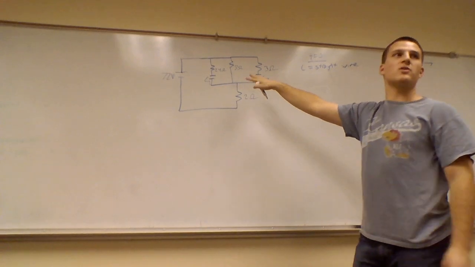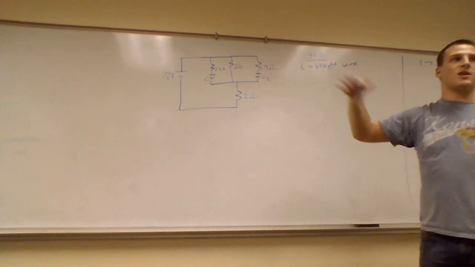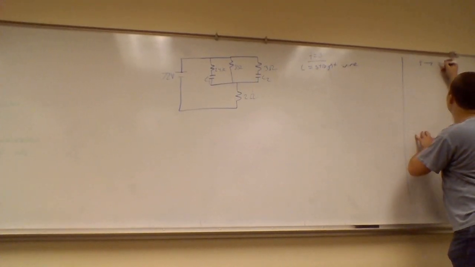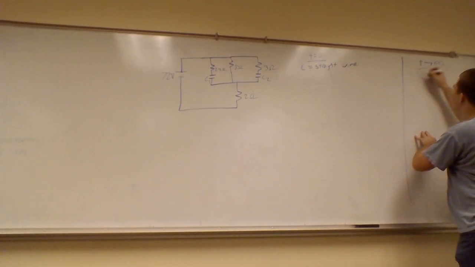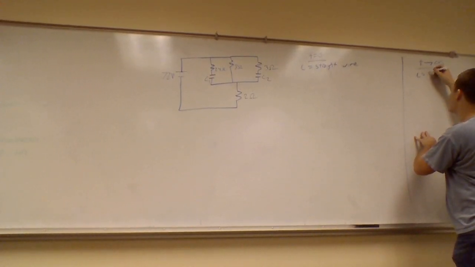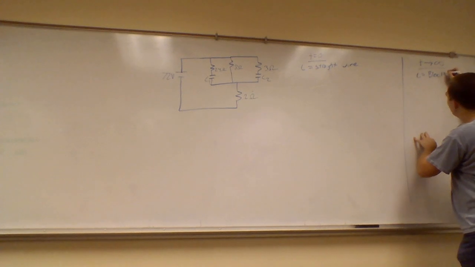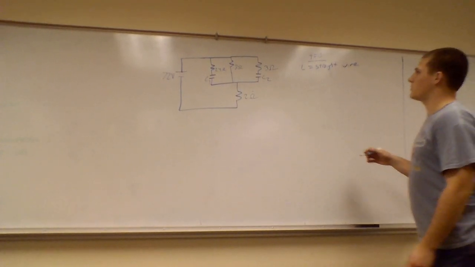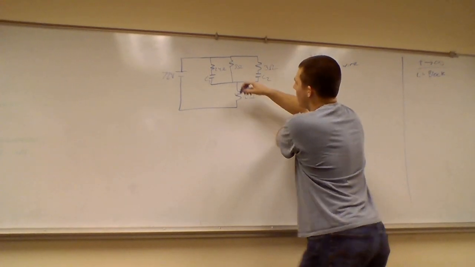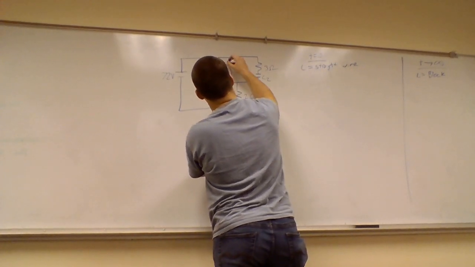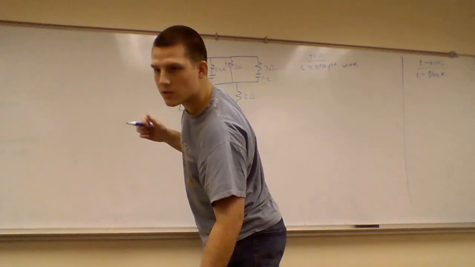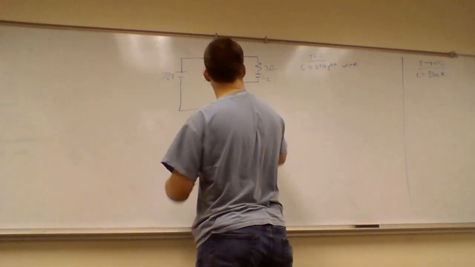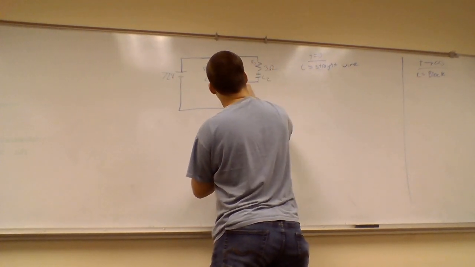You'll include all 4 of these resistors in the total resistance. But as t goes to infinity, that will not be the case because the capacitors basically act as a block. They will not allow charge to go through. So here you'll do R1, R2, R3 and R4.